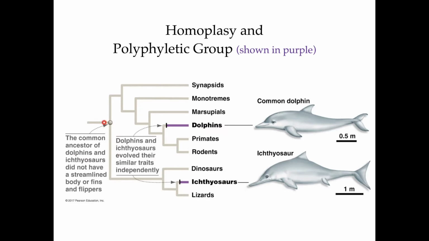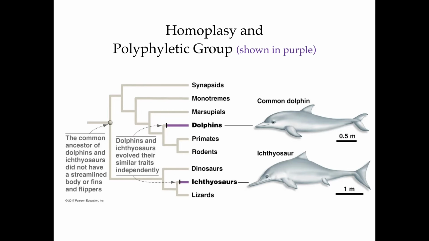And the most recent common ancestor between these two taxa did not have that streamlined body. How do I know that? Because the other descendants, for example the primates, the rodents, the dinosaurs, lizards, monotremes, and everyone else, do not have that trait. It means that the trait probably appeared here in dolphins and also here in the ichthyosaurs separately.